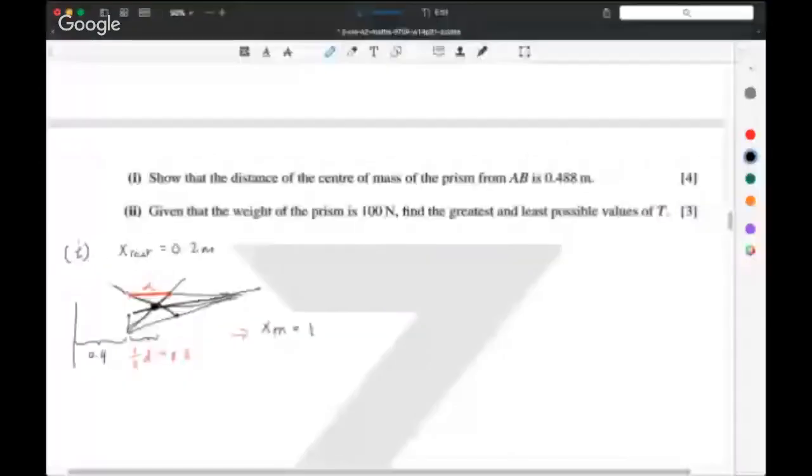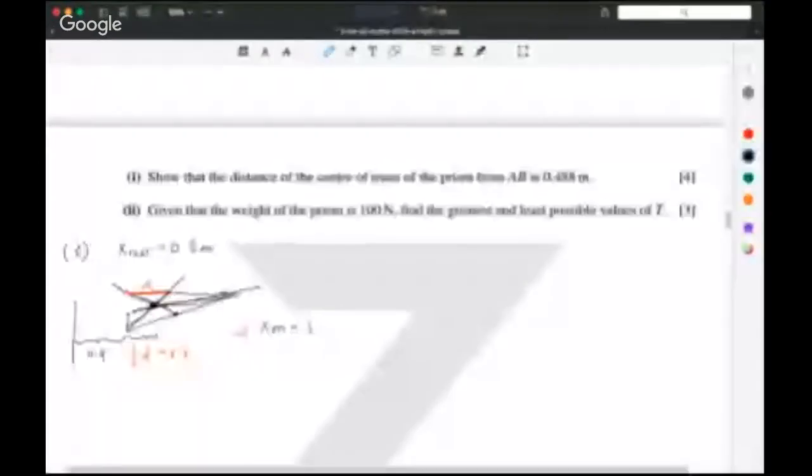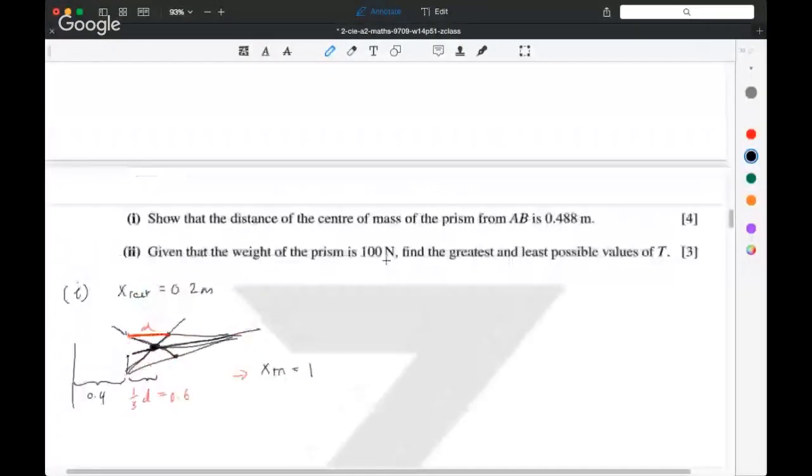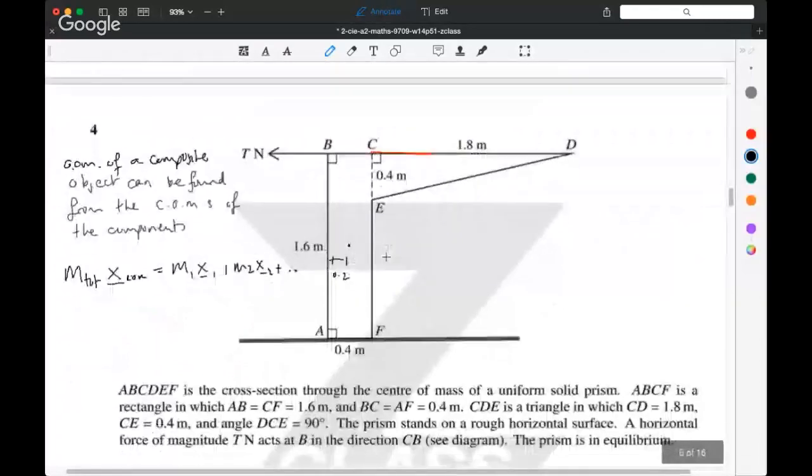So what next? Well, we have the x components, so now we need the masses. Now, in these problems, you can treat mass as area.